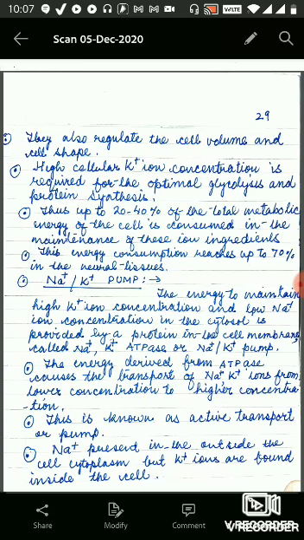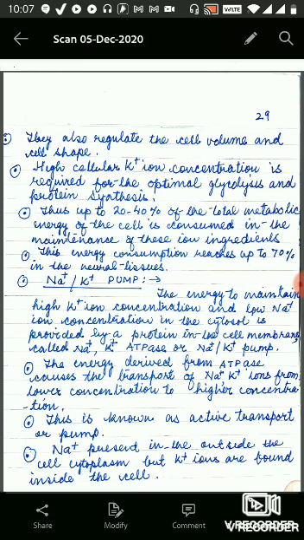Sodium potassium pump. The energy to maintain high potassium ion concentration and low sodium ion concentration in the cytosol is provided by a protein in the cell membrane called sodium potassium ATPase, or the sodium potassium pump.